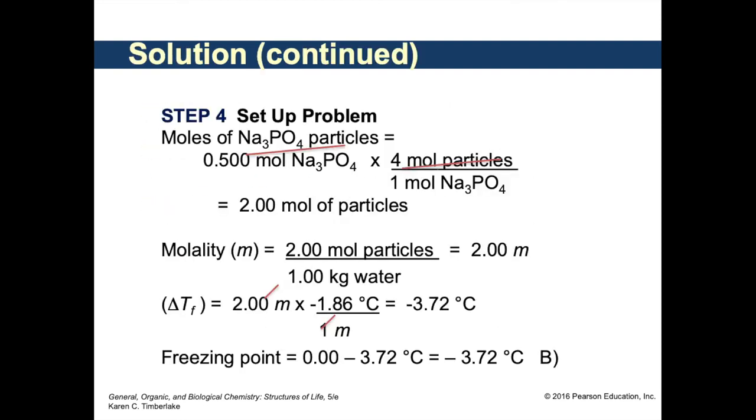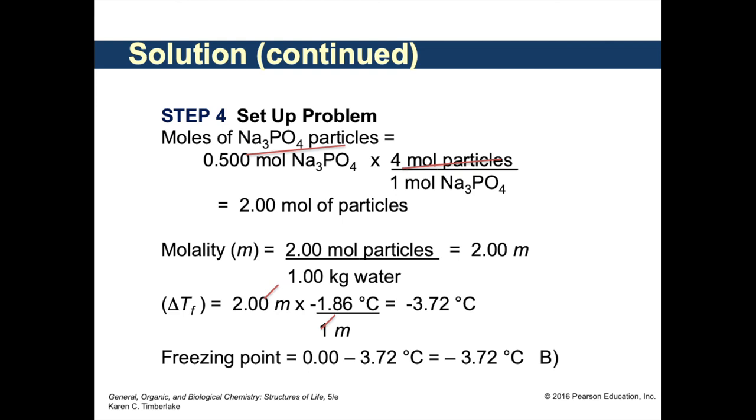Hopefully you guys got negative 3.72 degrees Celsius. So if we have 2 moles of particles for every 1 kilogram of water, that's a molality of 2. So we take our 2 molals, multiply by negative 1.86 degrees Celsius per molal, and that gives us a change in temperature of negative 3.72.